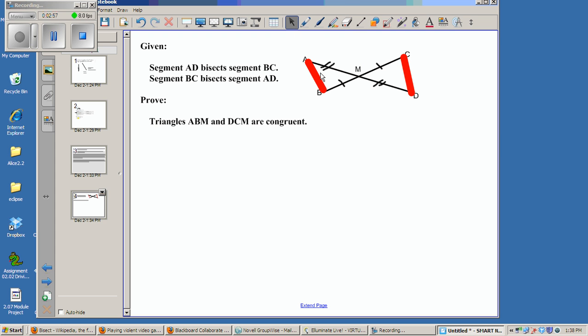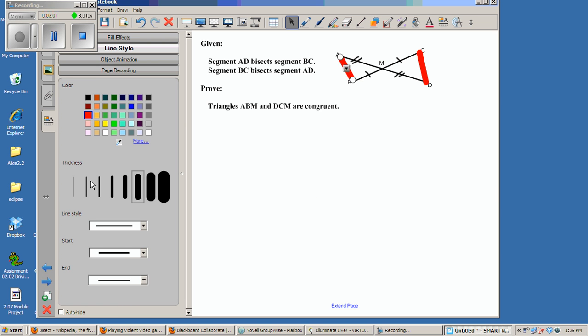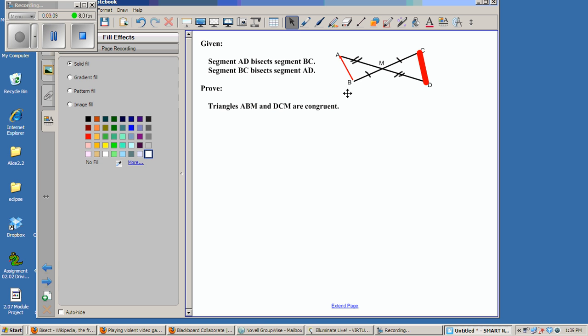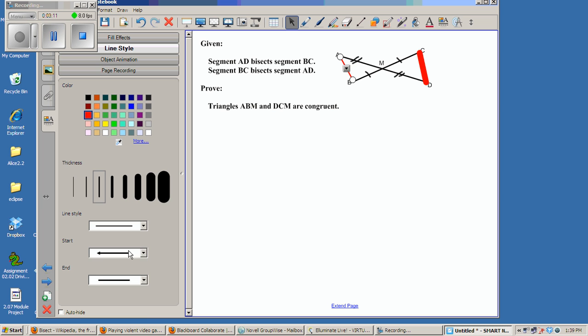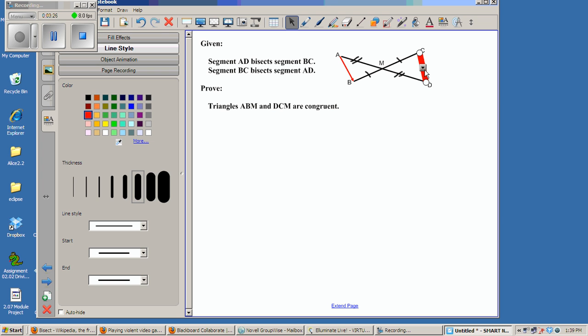So AB, I'm going to put a little arrow on this, because I want to show which direction those are going. So it's ABM. So that triangle is congruent to triangle DCM.